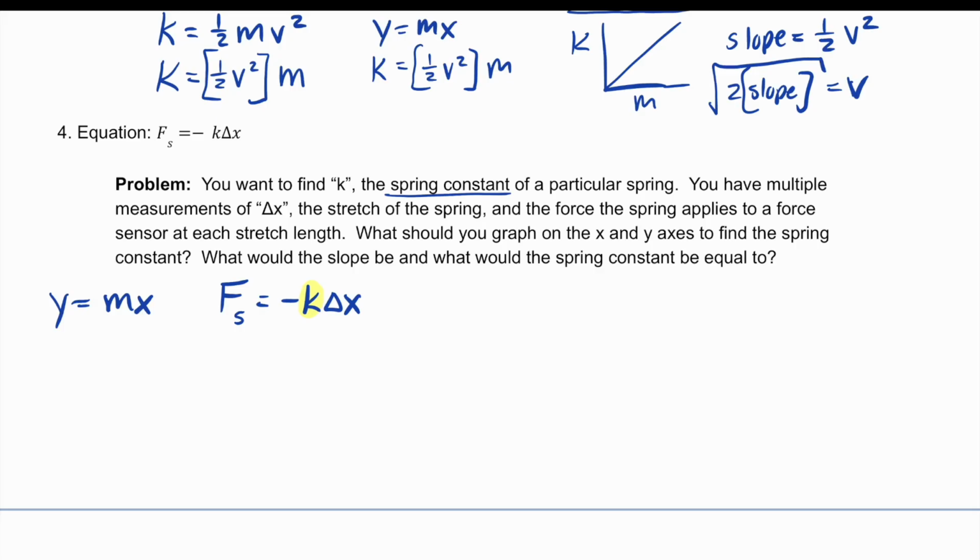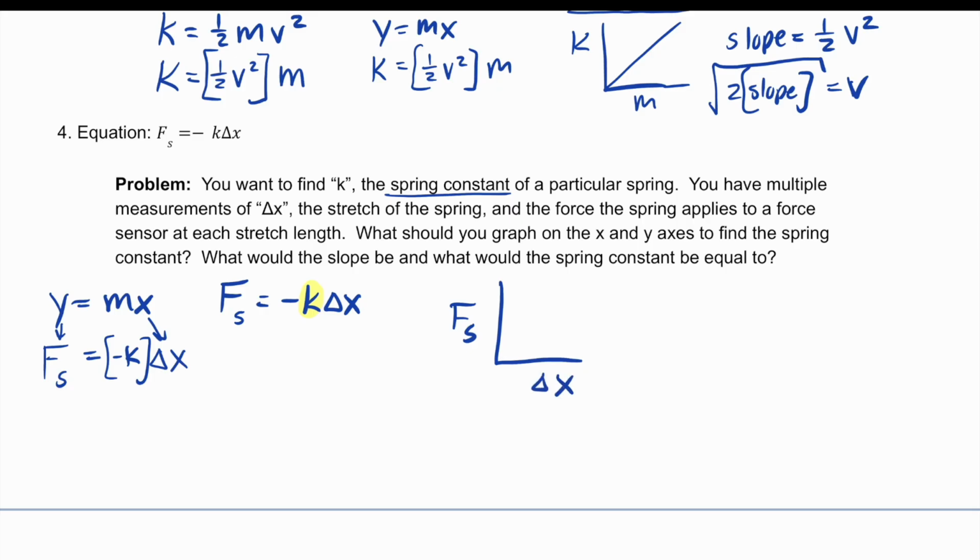So we could put the spring force on the y-axis, that's in the y position. We could put the stretch or compression, delta x, on the x position, and then whatever's left over that's not changing is the slope, and that's just going to be the opposite of k, I meant to say.